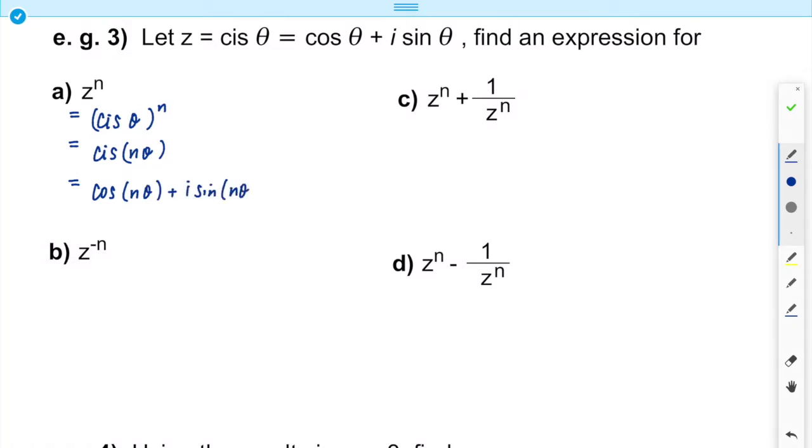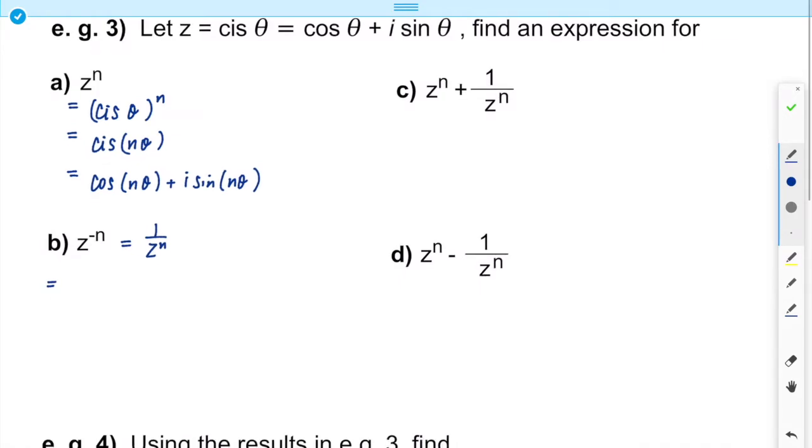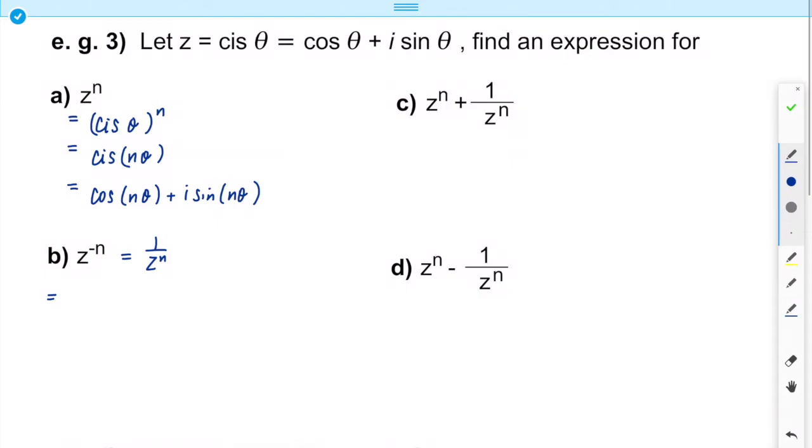If we have z to the power of negative n, in other words, this is also 1 over z to the power of n. Keep that in mind. We're going to develop the idea based on the negative n power of cis theta. This is cis of negative n theta, which gives me cos negative n theta plus i sine negative n theta.